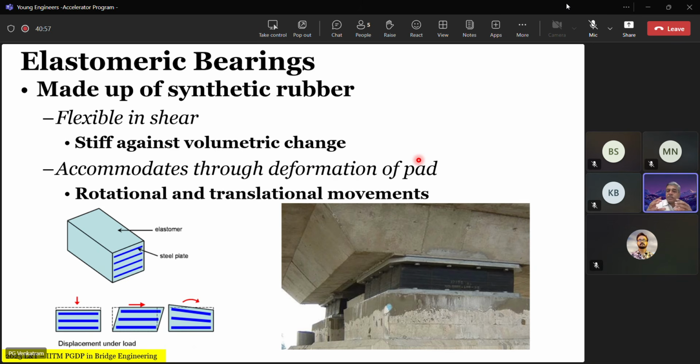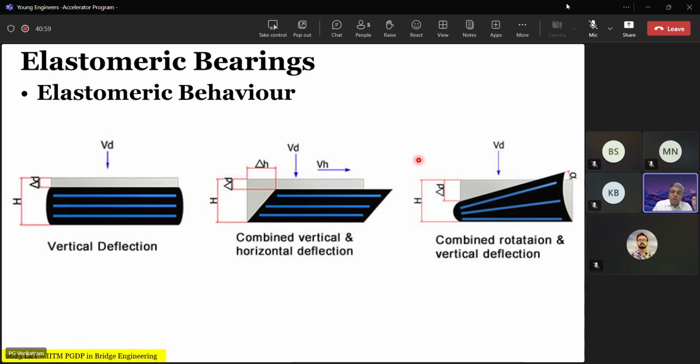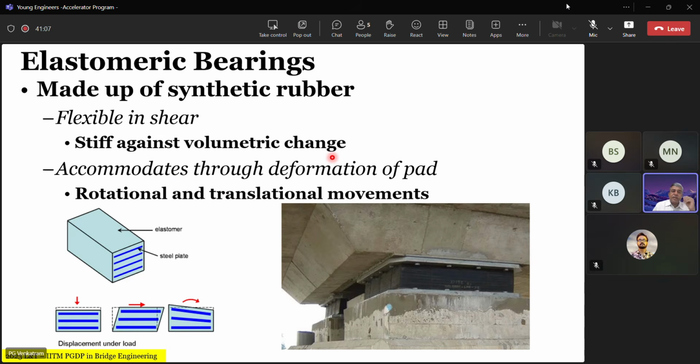That means it compresses less, so the vertical deformation is not as much as the deformation related to this VH. It is stiff against volumetric change, but very flexible in terms of shear. And it accommodates deformation of the individual pads and the cumulative. What you see on the right hand side is an example of an elastomeric bearing seated under the bridge girder.